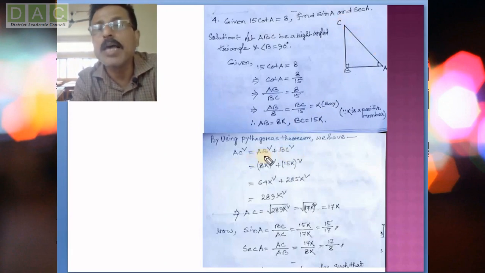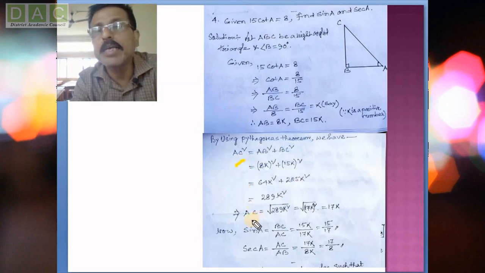So with this formula you can get the third side value. So 8K whole square plus 15K whole square. Now do this, you'll get 64K square plus 225K square. Now add these two, you'll get 289K square. So 289K square is the value of AC square.